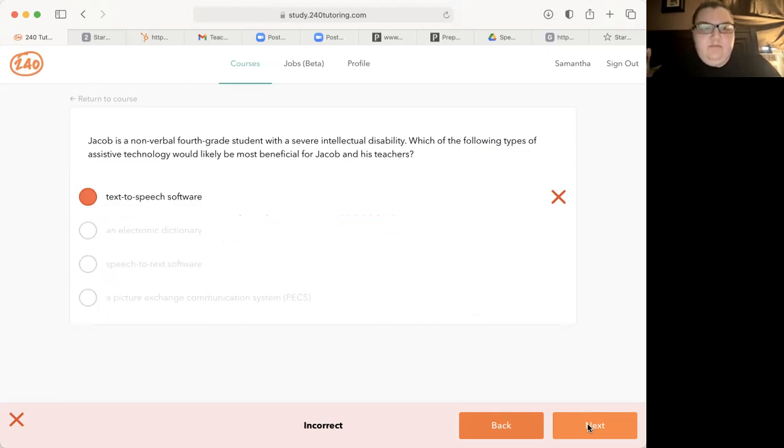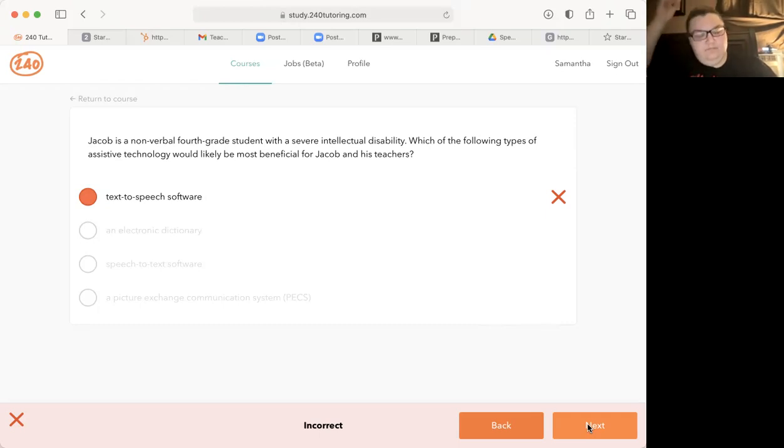Okay, so we have Jacob is a nonverbal 4th grade student. So he doesn't speak. Student with severe intellectual disability. Which of the following assistive technologies would be most beneficial for Jacob and his teachers? So when you have these questions, again, you want to remember the keywords and phrases that are here.